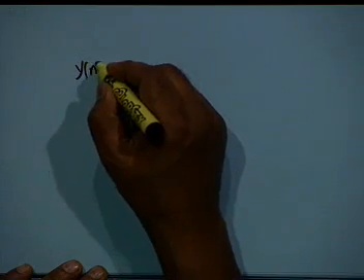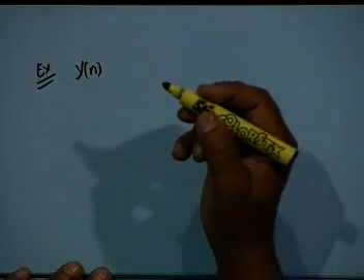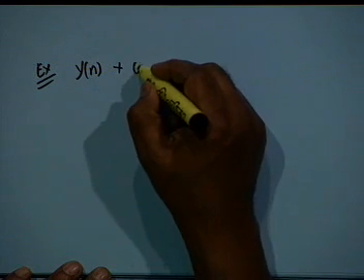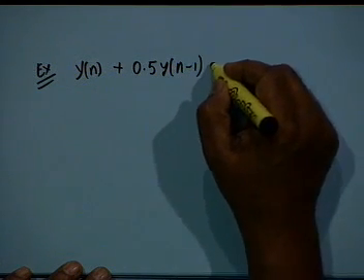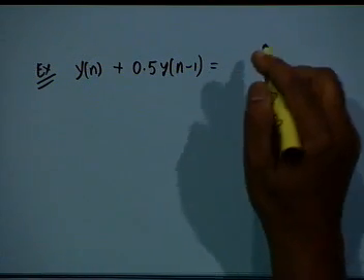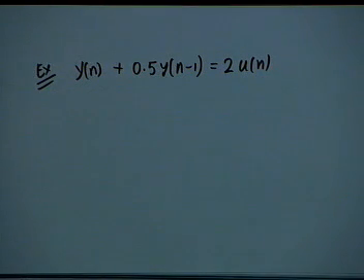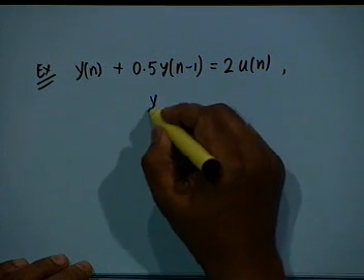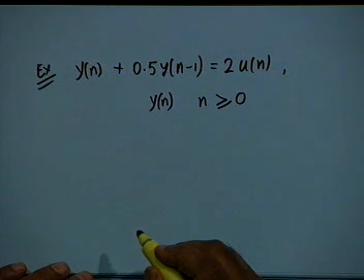We take y of n plus 0.5 y of n minus 1 is equal to 2 u of n. And the problem is to find y of n for n greater than or equal to 0.